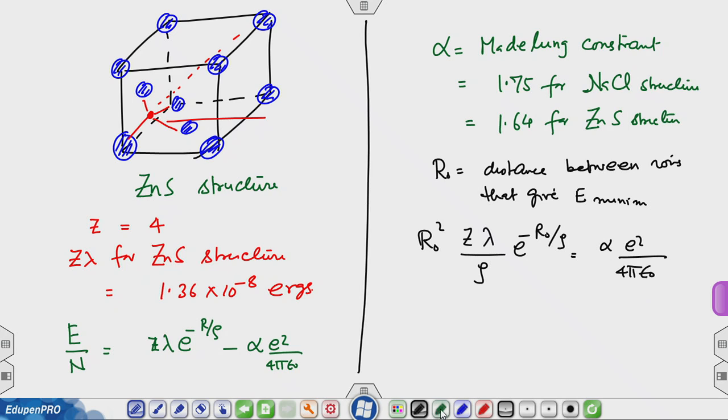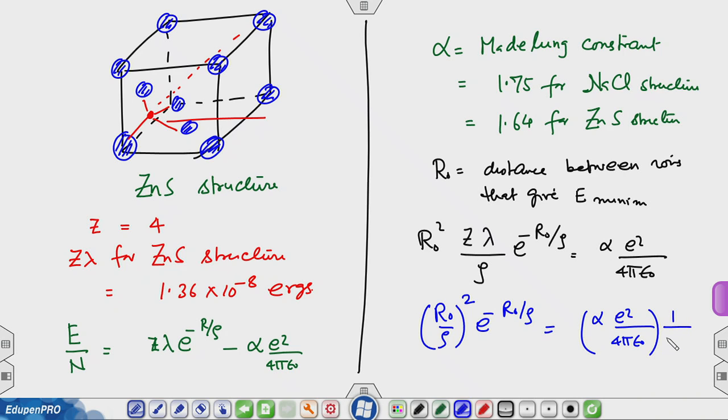I will write this whole thing in terms of R naught over rho: R naught over rho square e raised to minus R naught over rho is equal to alpha e square over 4 pi epsilon 0, divided by z lambda rho. On the right hand side, I have all known quantities, and the left hand side gives me R naught.